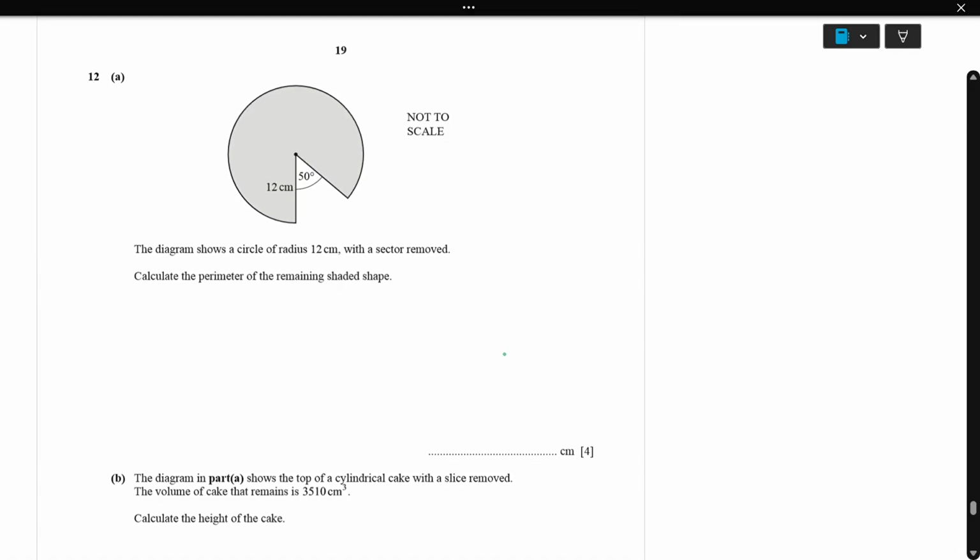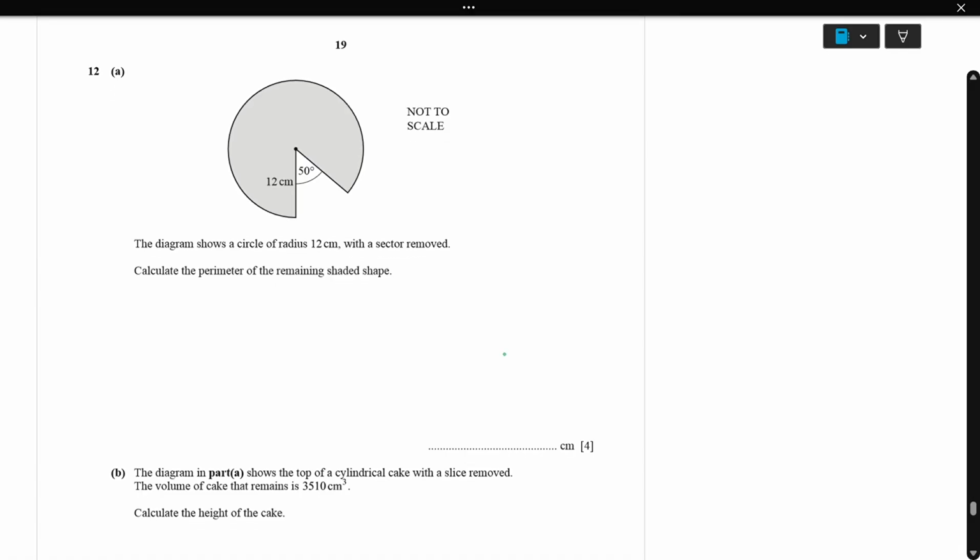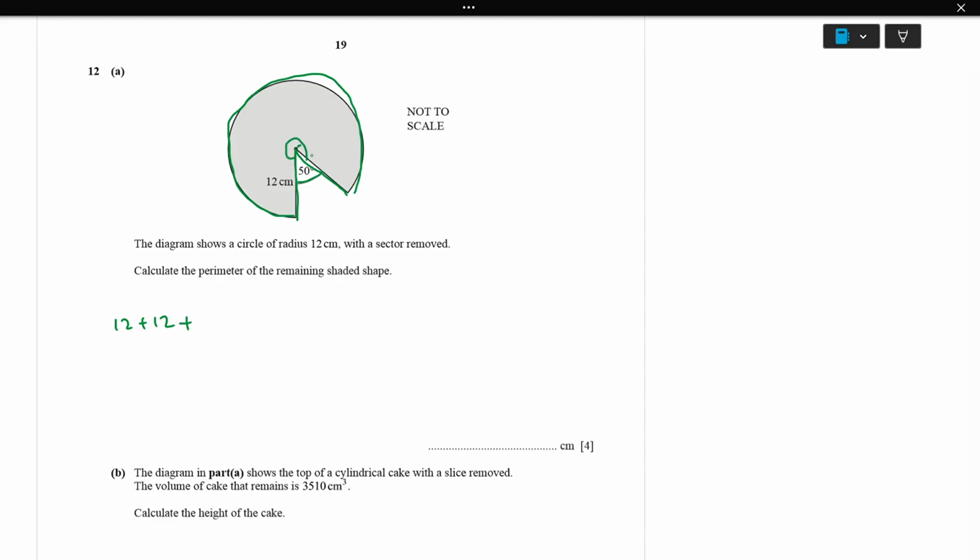As the 12th question, the diagram shows a circle of radius 12 centimeters with a sector removed. Calculate the perimeter of the remaining shaded region. Perimeter means entire length. So here is 12 and here is 12. So I'll write 12 plus the entire arc length here. Now we know this is 50, so the rest is going to be 310 here.